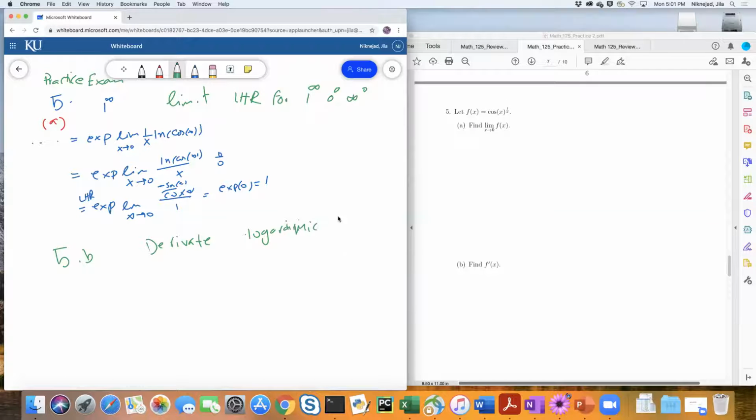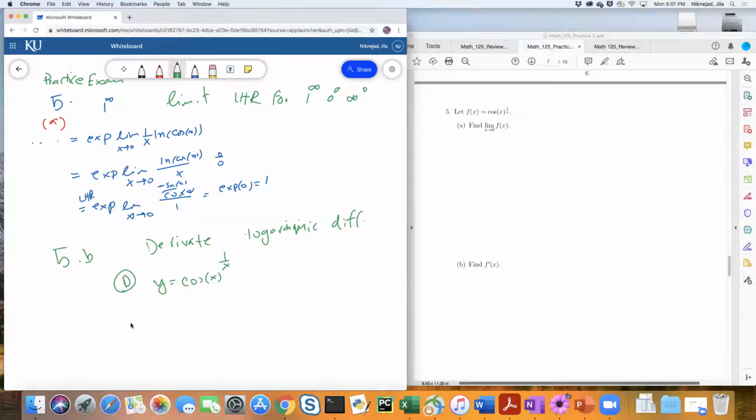Logarithmic differentiation. So how do we do logarithmic differentiation? This is the routine. I like to replace f of x with y because it makes it a lot less messy. So I rewrite the entire thing. So that's my first step.